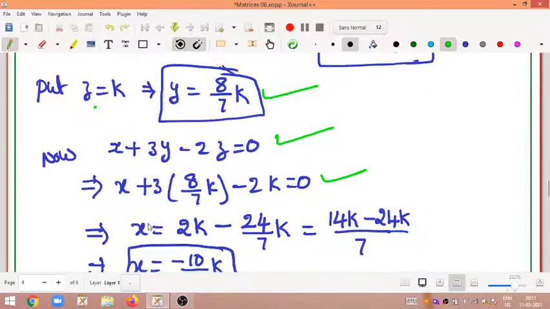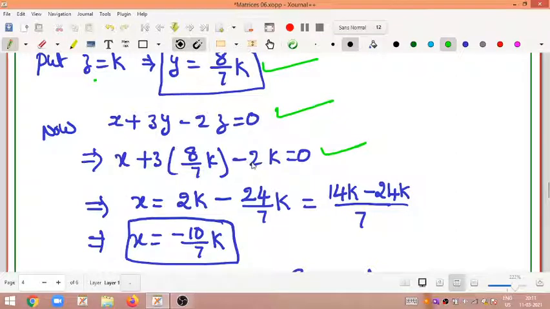X is equal to plus 2k minus 24 by 7 k. Taking LCM 7, 14k minus 24k, that is minus 10k.